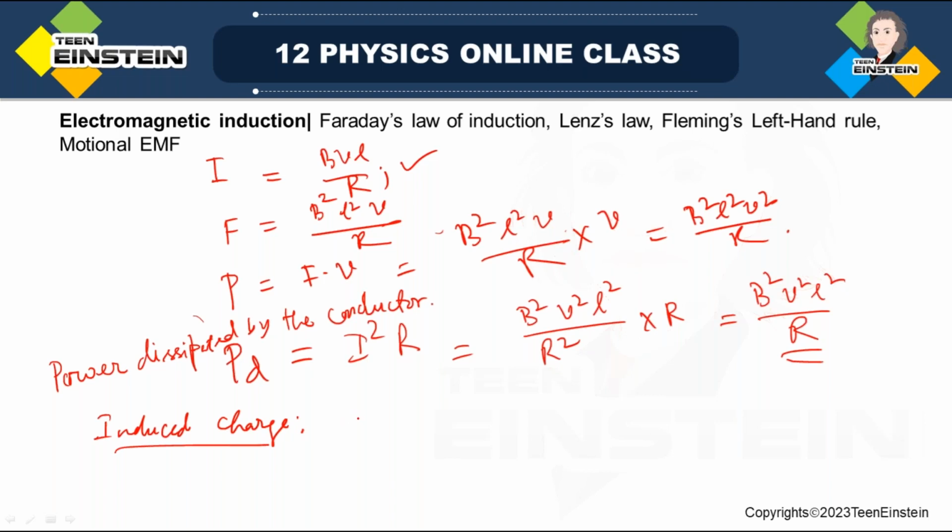We know the magnitude of the EMF is equal to d phi by dt. Again, we know current is dq by dt.